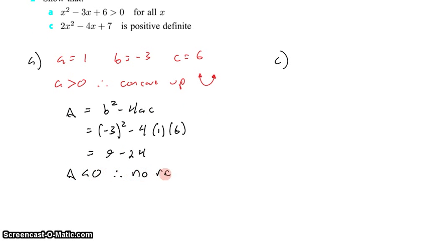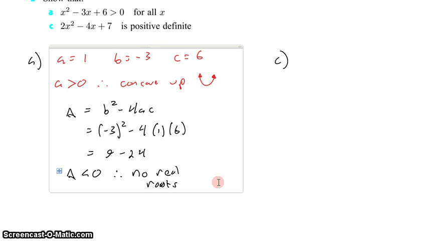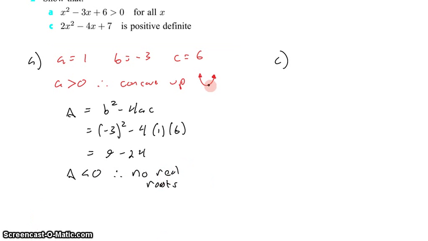Therefore, there are no real roots. So because the quadratic is going to be concave up, and because it has no real roots, then x squared take 3x plus 6 is greater than 0 for all x.